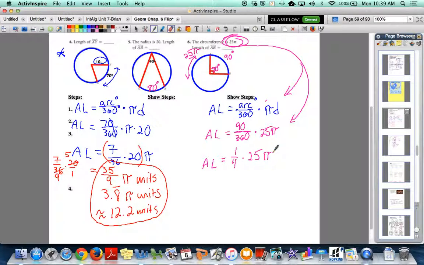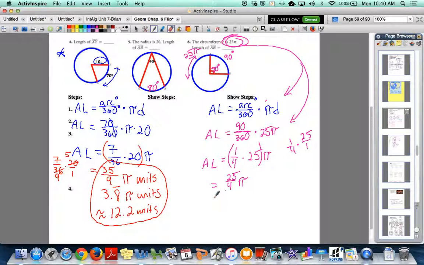And then if I'm going to be thinking about leaving my answer in terms of pi, I'm going to multiply 25 times 1/4 or 1/4 times 25. Now this is not a fraction that will be able to be reduced here. You'll notice if I'm multiplying 1/4 times 25, there's no common factors of the numerator or denominator. So I will just multiply across here, and that will leave me with 25/4 pi for my arc length AB.